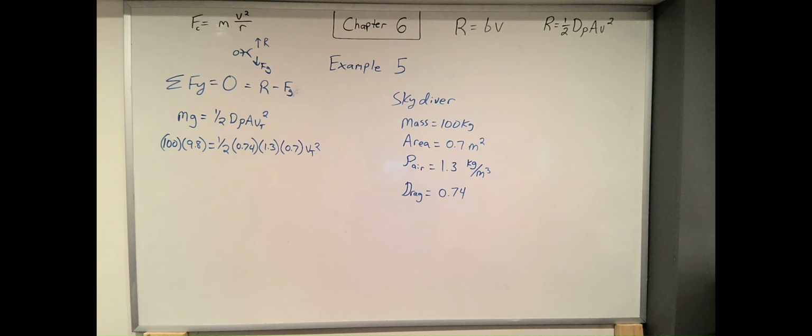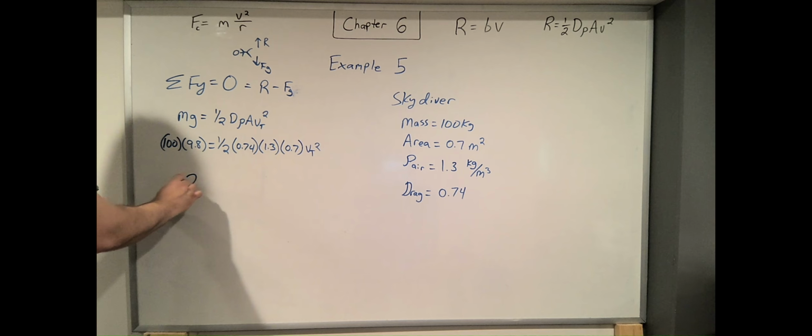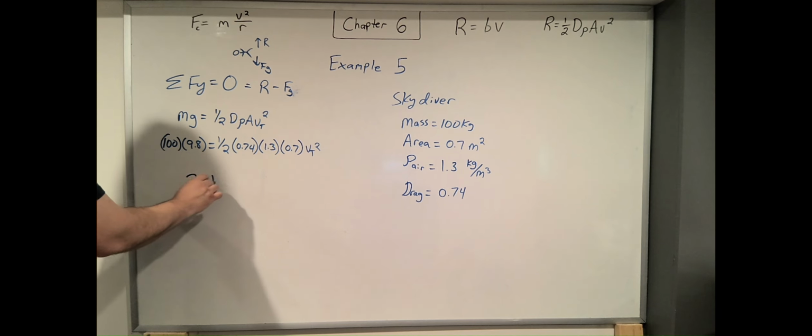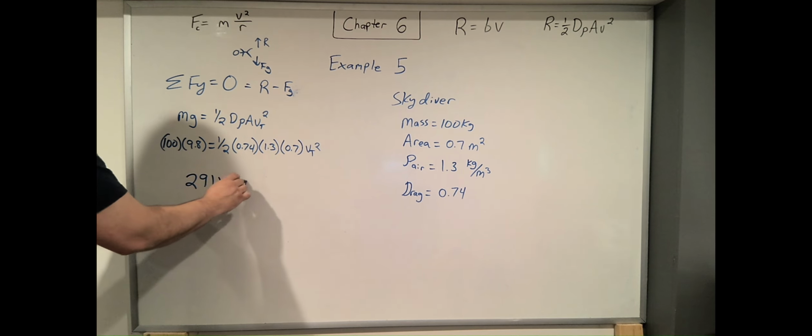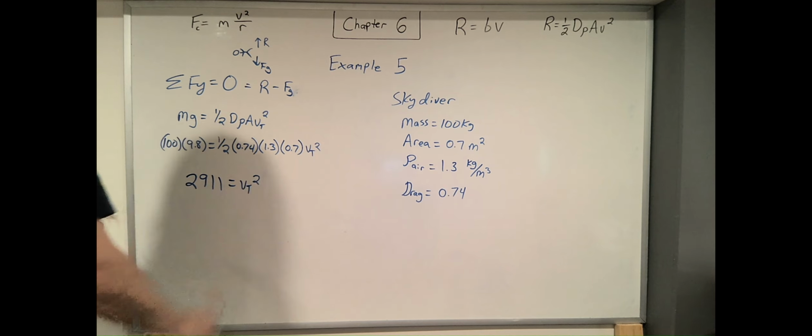So 980 divided by 1/2 times 0.74 times 1.3 times 0.7. If we take all that, we get something around 2911. And this is equal then to VT squared.